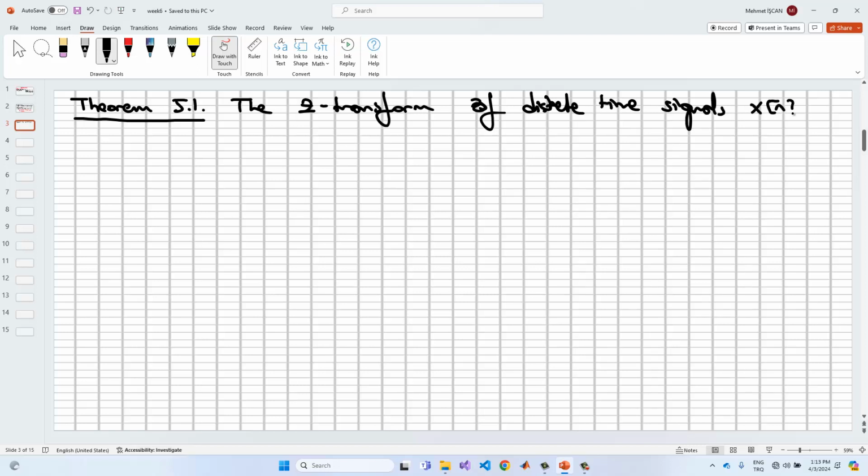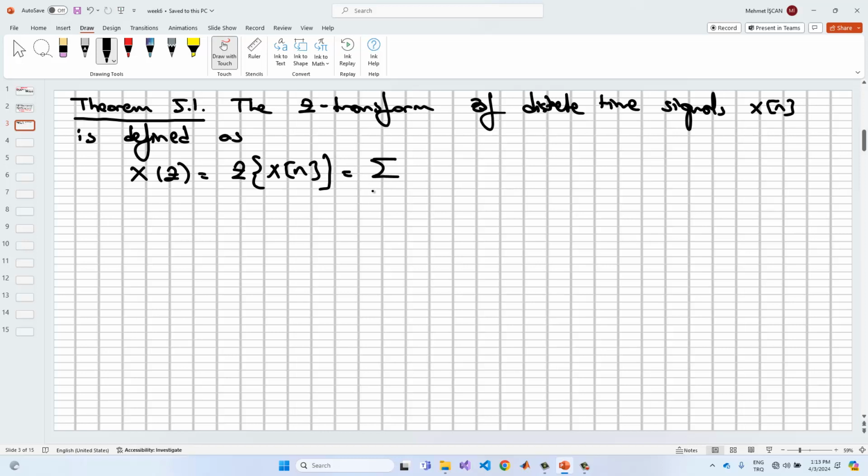x[n], where n is the index of our variable here, is defined as follows. X(z) is our basic notation in this transform, because in the continuous one we have s, but this time we have z. Okay, and so this X(z) is equal to x[n] in parentheses, just like this one.